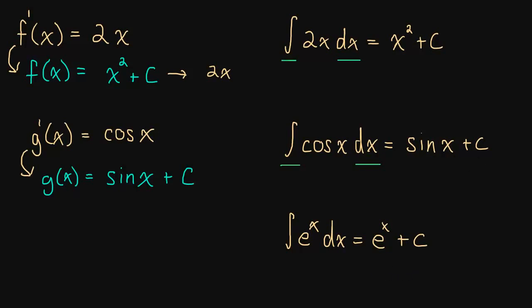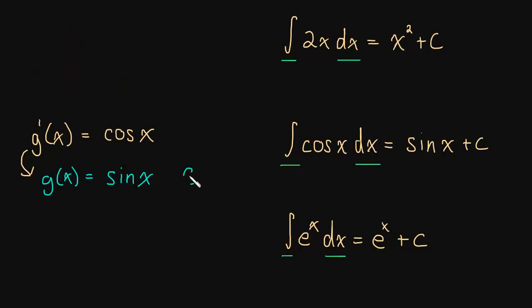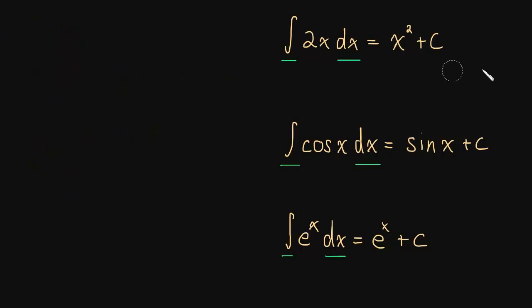Now the cool thing about antiderivatives is we can always verify them by checking that the derivative works out. Let me show you what I mean. First, let me erase this. You might want to do this on tests if this is brand new to you.